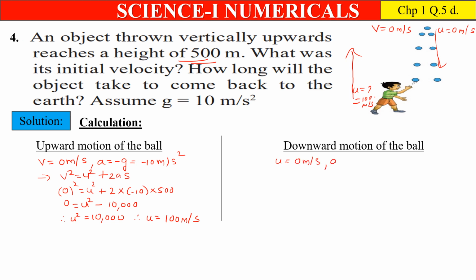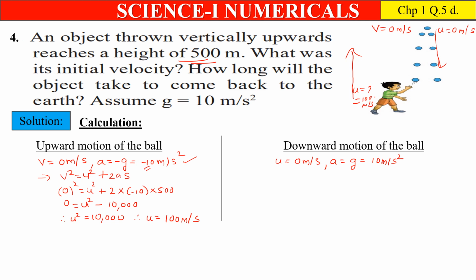And acceleration will be equal to positive g is equal to 10 meter per second square. Here we have written positive. Why? Because acceleration due to gravity is directed downwards, and the ball is also directed downwards. So both are having the same direction. So here we have written positive. But in the earlier case, both were in opposite direction. So we had written negative.